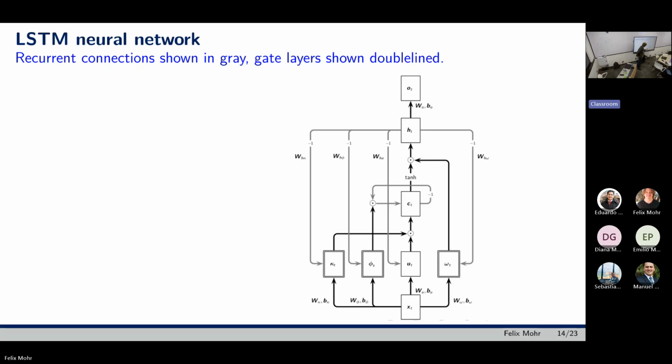But why do I have 2 gates more? Because I relax the assumption that this and this must sum up to 1. If I don't have this restriction anymore, then I have to specify this separately. Otherwise, it's implicitly clear. Because if they need to sum up to 1, I only need this one, and this is implicitly clear from the other. But since I take out this restriction, I need to learn this gate explicitly.